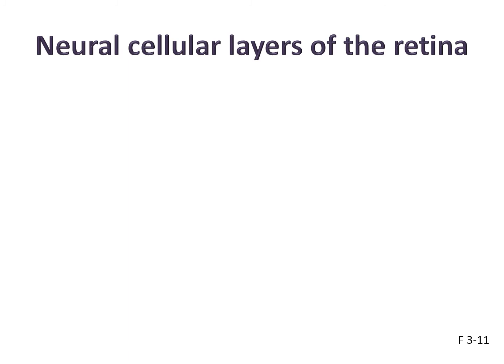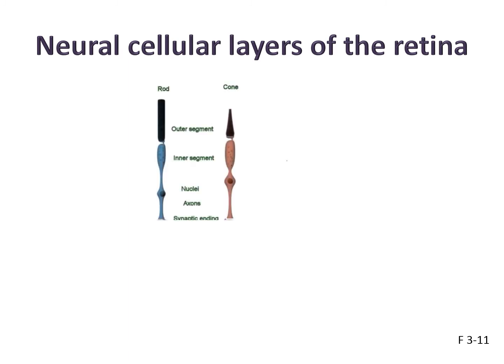Now, going back to my cartoon of the neural cellular layers of the retina, we can observe the rods and the cones, which are the photoreceptors and have a clear outer segment, which is the photosensitive area of these cells, then an inner segment, which is basically structural support plus the equivalent of the guts or machinery of these cells, followed by the nuclear area, and finally the axons.